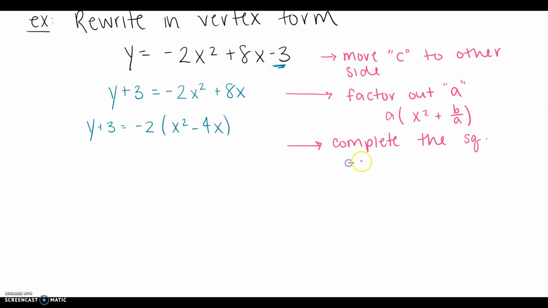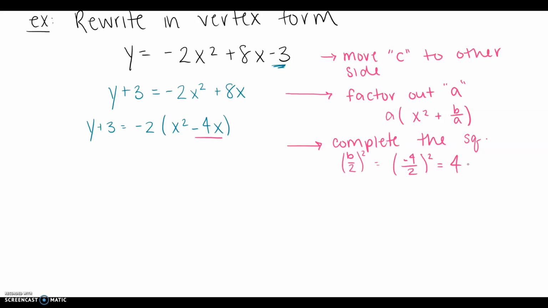So it's going to be b over 2 squared, which in this case, this is now our b. So it's going to be negative 4 divided by 2 squared, which is equal to 4. So this is where it's a little bit different.